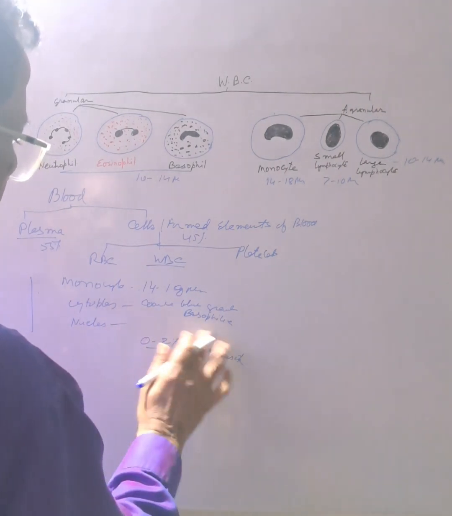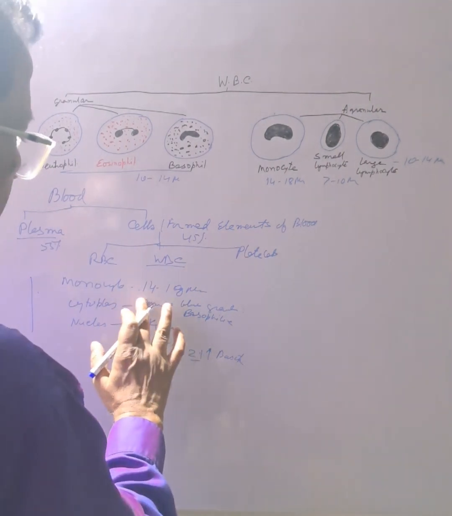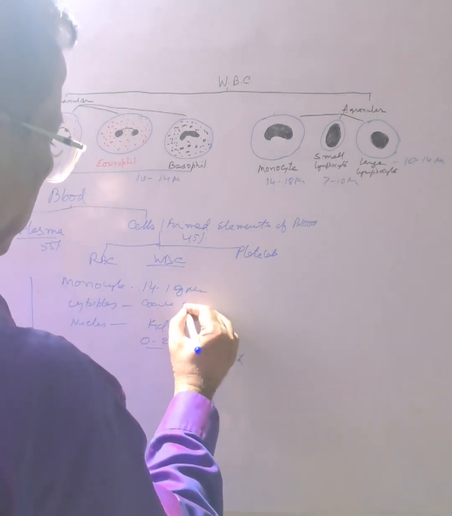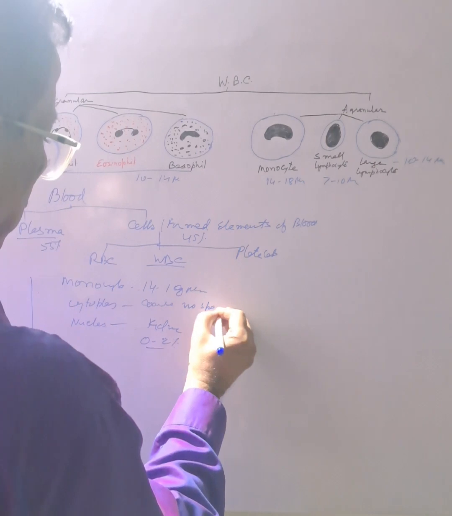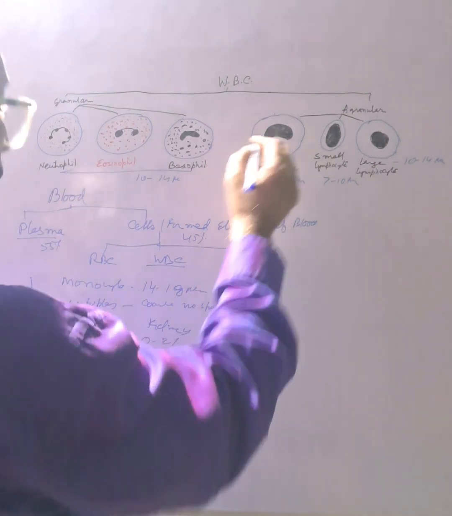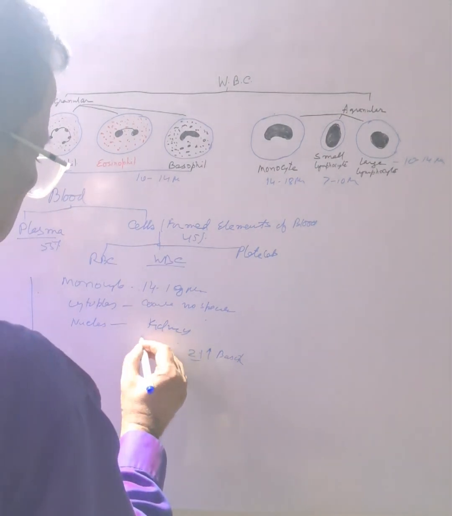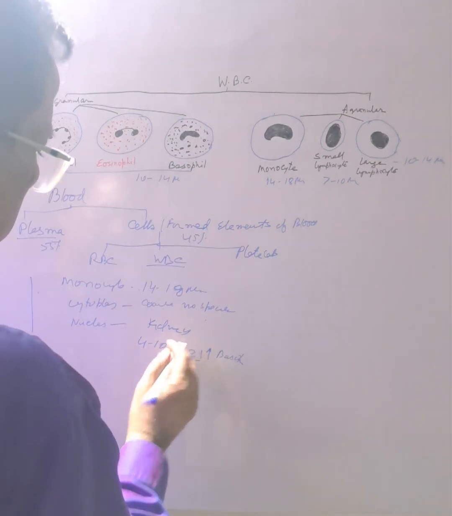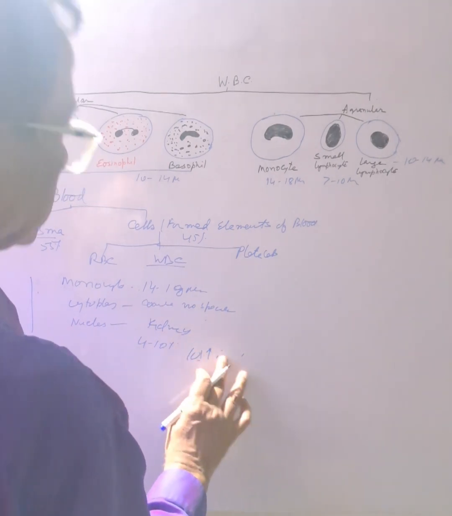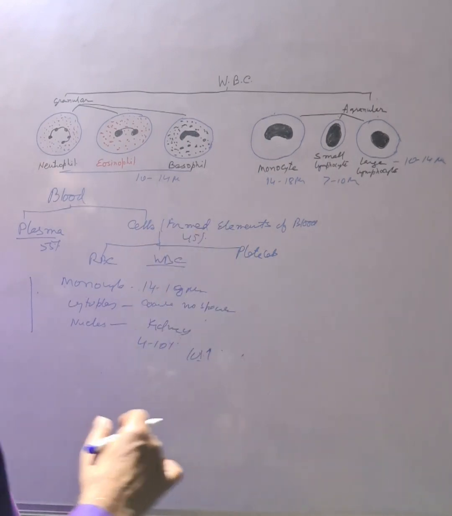The nucleus is somewhat kidney shaped, and the cytoplasm contains no specific granules. It is 4 to 10%, and when it is more than 10%, it is known as monocytosis, and less than 4%, monocytopenia.